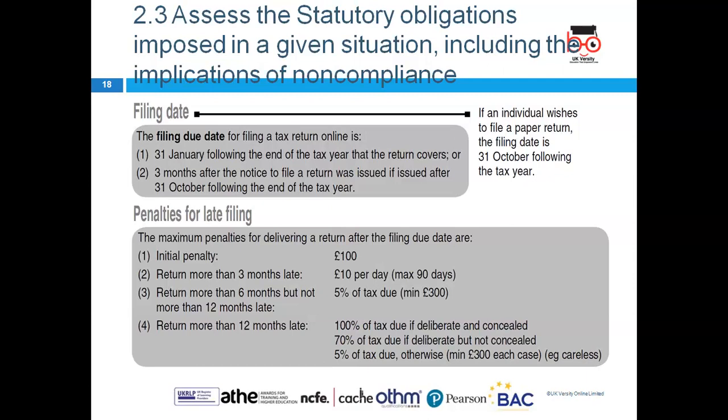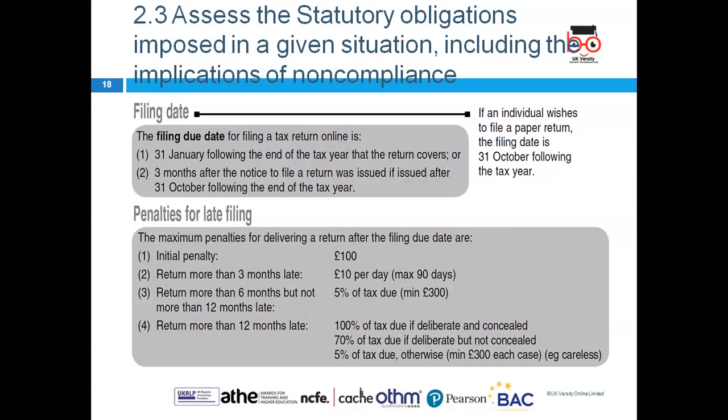A return more than 12 months late can be 100% of tax due if deliberate and concealed, 70% of tax due if deliberate but not concealed, and 5% of tax due otherwise, minimum £300 in each of these cases. So carelessness can lead to penalties.